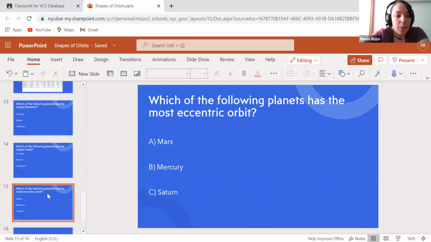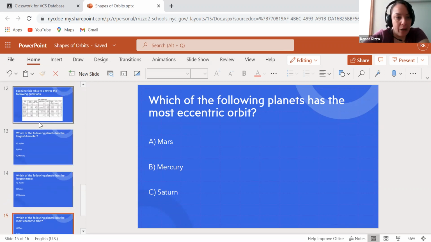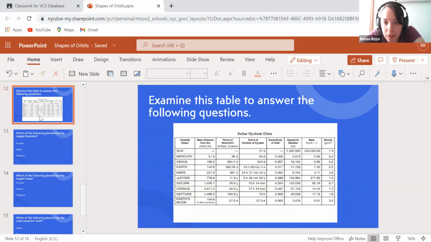Which of the following planets has the most eccentric orbit? A, Mars, B, Mercury, or C, Saturn? So going back to the table and looking for the eccentricity of orbit, if we look at Mars, it is 0.093.